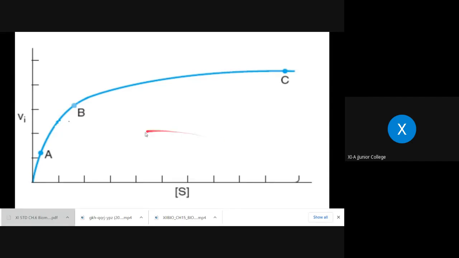First of all, it increases its speed at a particular rate, but after a particular point, the enzyme activity doesn't increase at that speed. Though you are increasing the concentration of the substrate, it doesn't increase the rate of enzyme activity. So up to a certain level only you can consider.